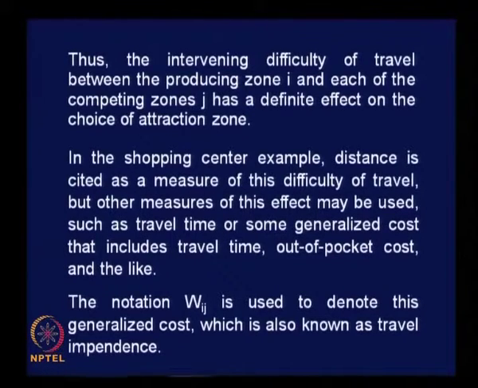It is the sum of all the related factors. Now take Wij as the basis and proceed further to model trip distribution. So, we have identified two important factors, the attractiveness of the zones and the travel impedance defined as Wij, which includes distance, travel time, out of pocket expenditure, related inconvenience and discomfort all together.